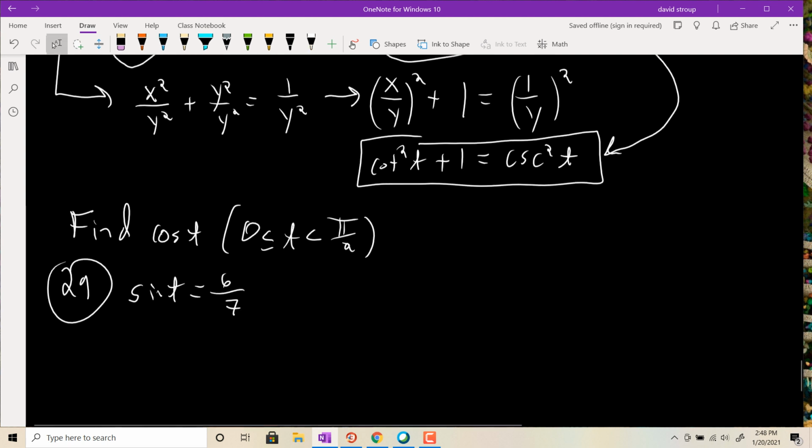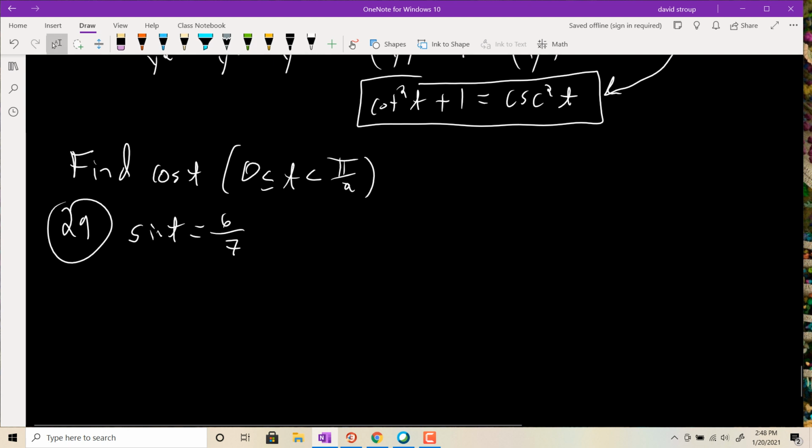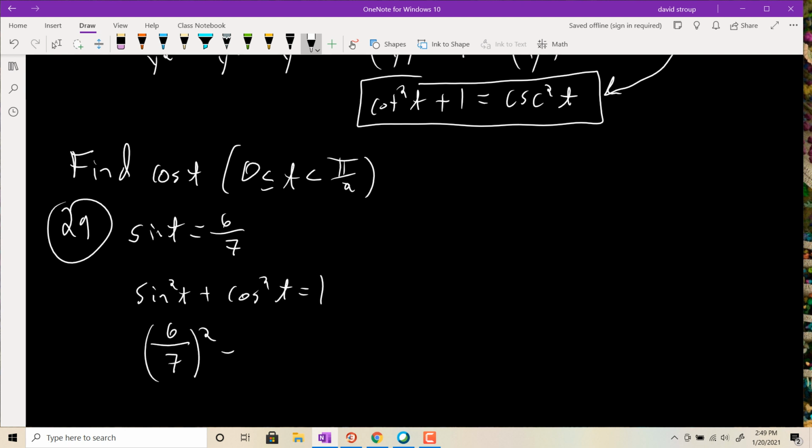So to get cosine of t, I'm going to use that Pythagorean identity: sine squared t plus cosine squared t equals 1. Then by substitution, I can plug 6/7 in for sine. I end up with 6/7 squared plus cosine squared t equals 1.